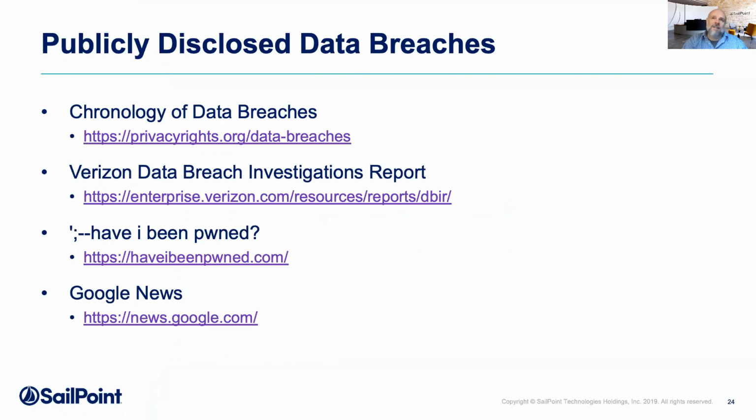And they stopped maintaining the database in October of 2019 with a promise that they'll get back to it. But you can take all of that years and years of data that they've collected and look at the aggregate that comes out each year from the Verizon Data Breach Investigations Report, where they identify trends and patterns based on data breaches, some of which may not have been publicly disclosed.